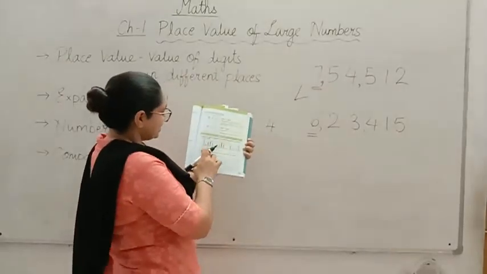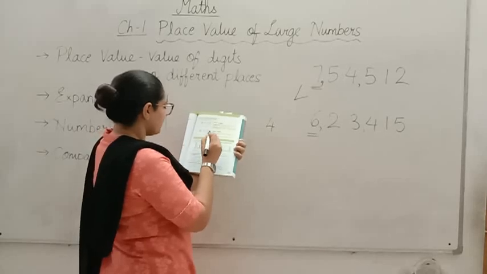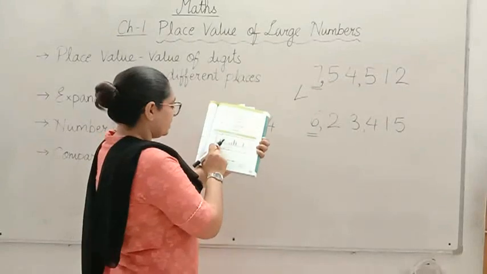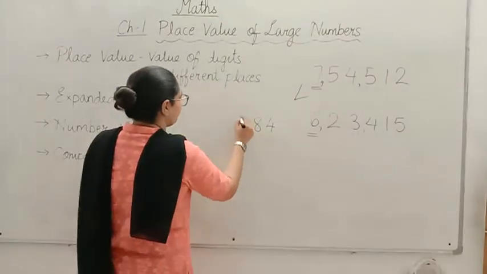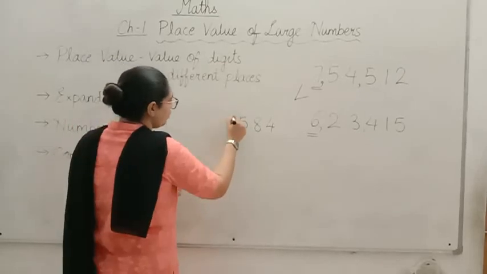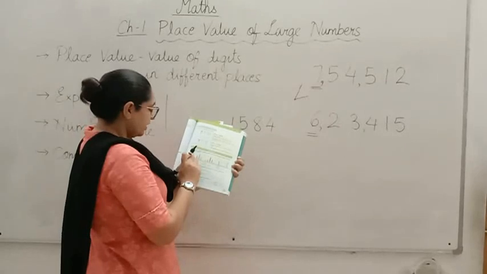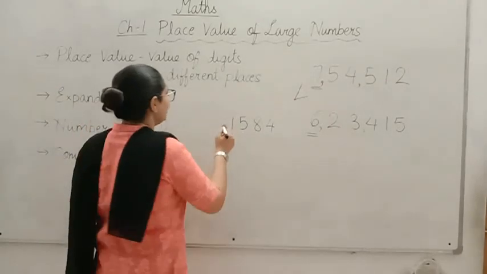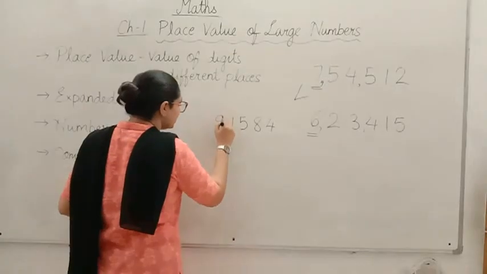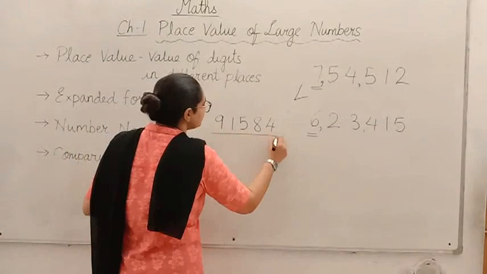In the next one, that is yellow, there are 1, 2, 3, 4, 5, 6, 7, 8, 8 beads. Green, 5. In the TH group, there is only 1. In the TTH, 1, 2, 3, 4, 5, 6, 7, 8, 9. So this is how I counted my beads and wrote my number. So my number is this.